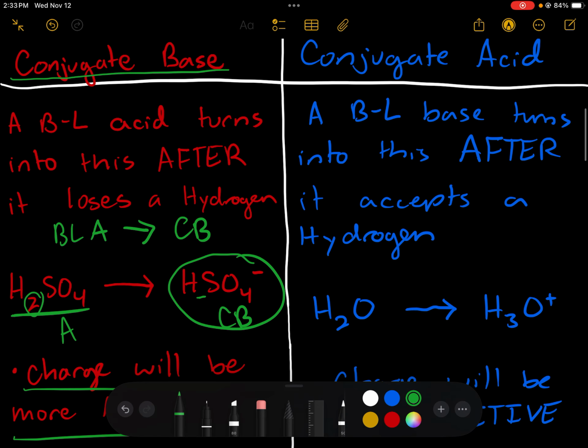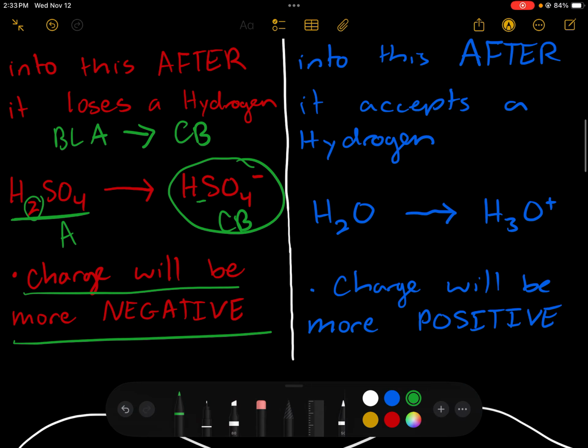Looking at our conjugate acids though, that is what a Bronsted-Lowry base turns into after it has accepted a hydrogen. Because again, we know Bronsted-Lowry bases want to accept a hydrogen. Once they do that, they turn into a conjugate acid. So over here we have water. Water is a unique substance for a reason I'll talk about in a little bit, but water is able to accept a hydrogen. And because it can do that, it's originally going to act like a base.